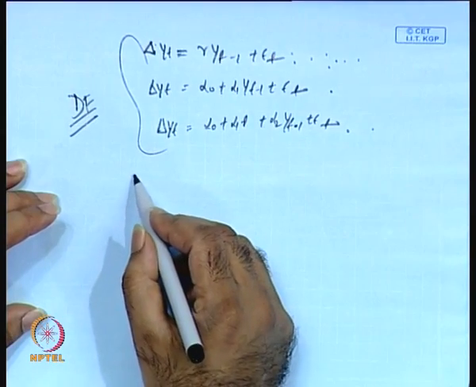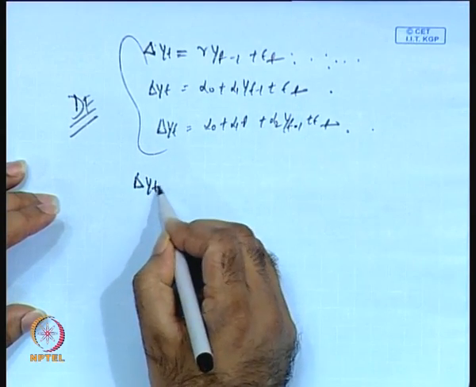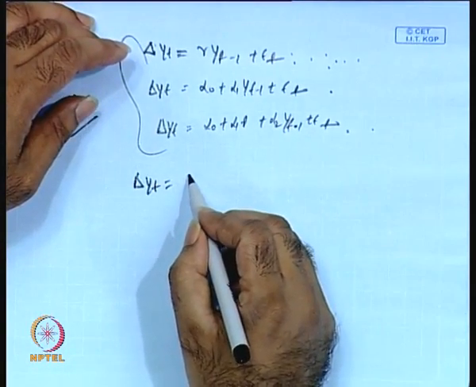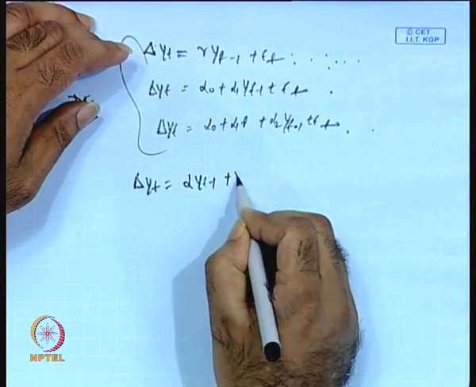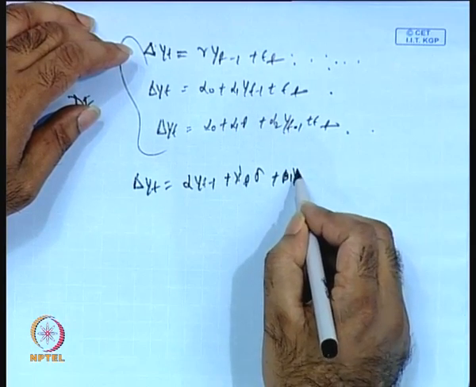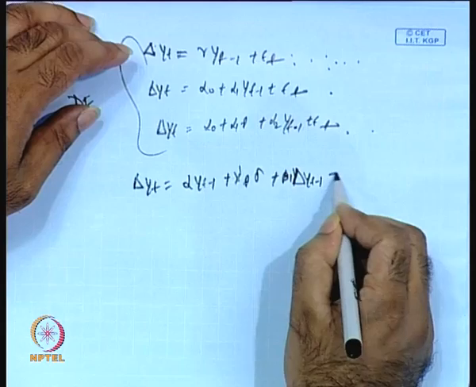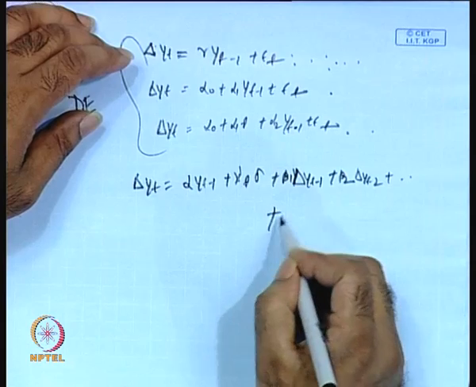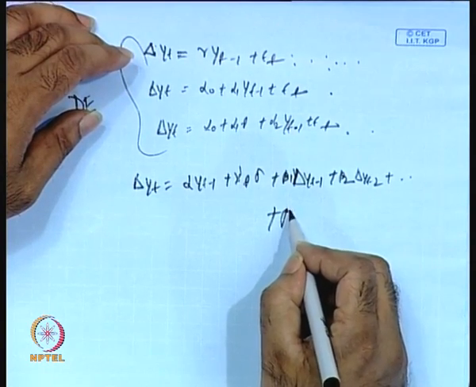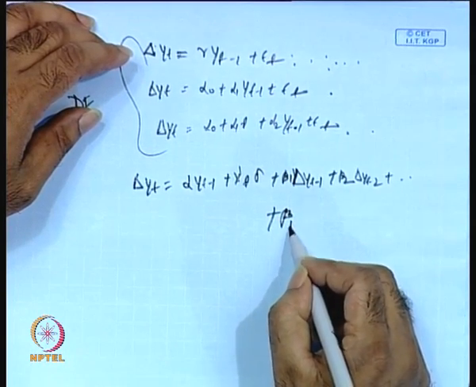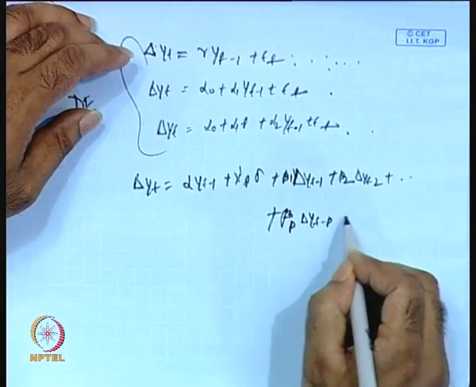So, what is this augmented Dickey-Fuller test? This test will be like this. It is nothing but delta y t equal to alpha y t minus 1 plus beta 1 delta y t minus 1 plus beta 2 delta y t minus 2, and so on, up to beta p delta y t minus p, plus v t.